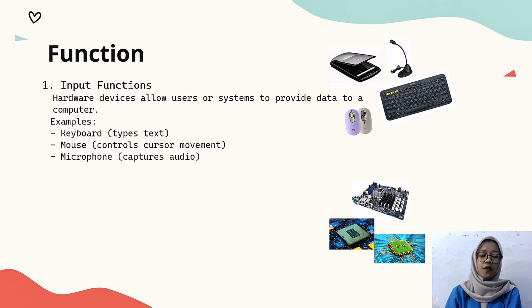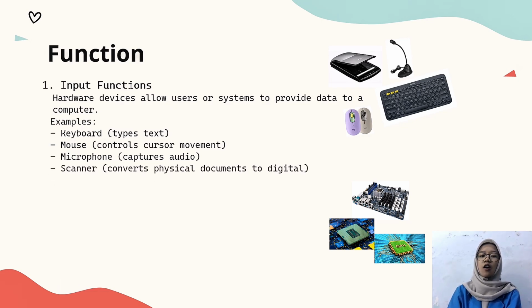There is a microphone. We usually use a microphone to capture audio in a video. And a scanner that converts physical documents to digital, usually from documents in the photocopy store to digital files.